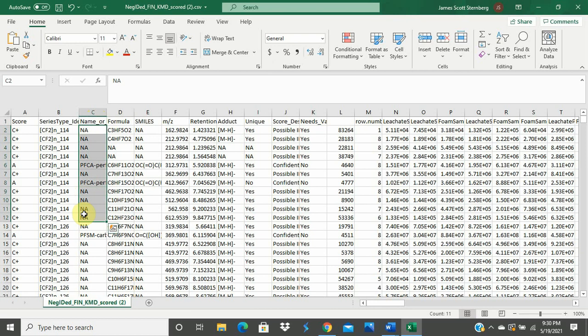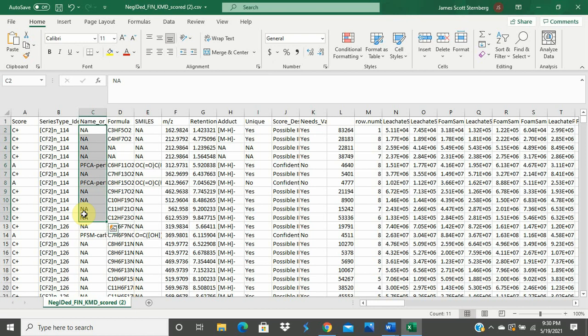While we can't be sure that the identification of these two leads to the rest in series 114 also being part of the class PFCA, just with differing number of repeating units, we can use this assumption as a starting point for identification. Another clue that this could be in the same class would be to look at the exact masses.